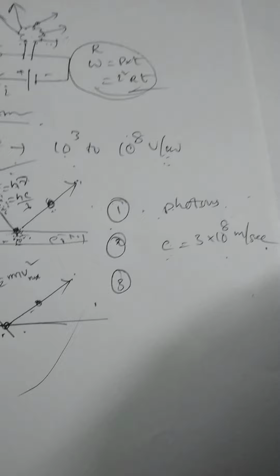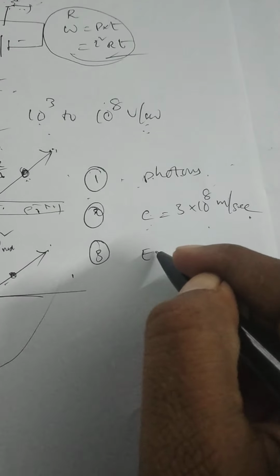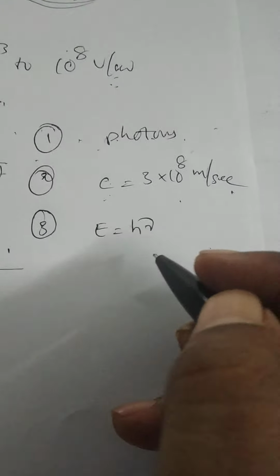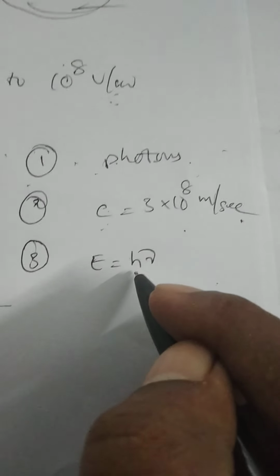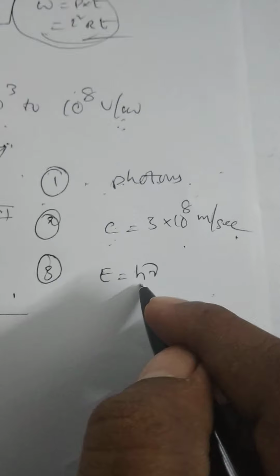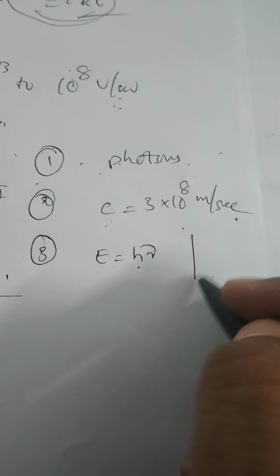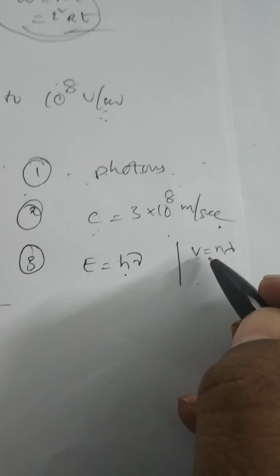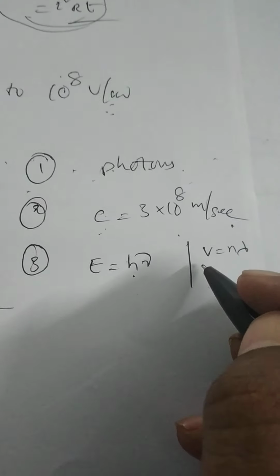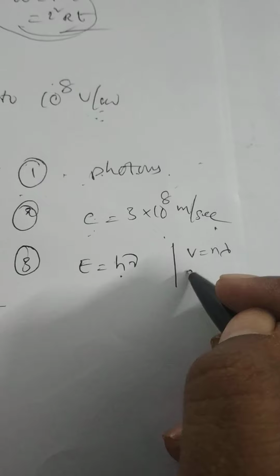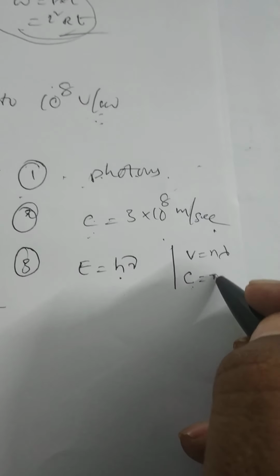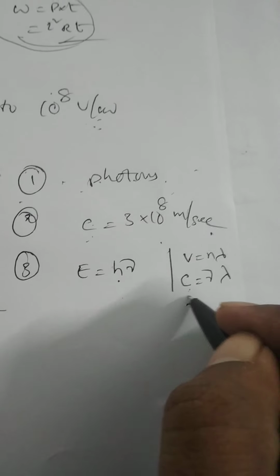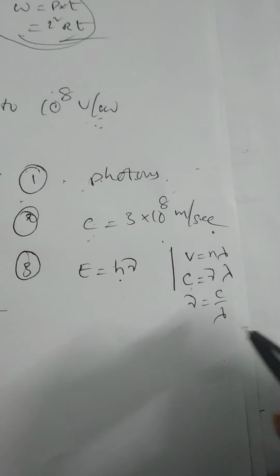Third one, the energy of each photon is E equal to h nu, where h is Planck's constant. Again, in waves, velocity v is equal to nu lambda. Here, velocity of the electromagnetic wave is c, frequency nu, so c equals nu into lambda. From this, nu is equal to c by lambda.